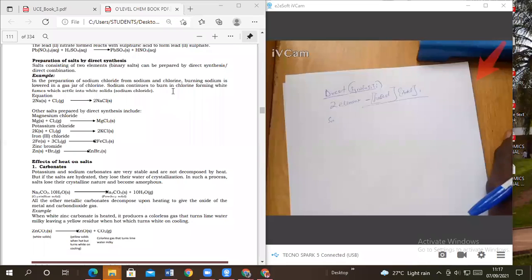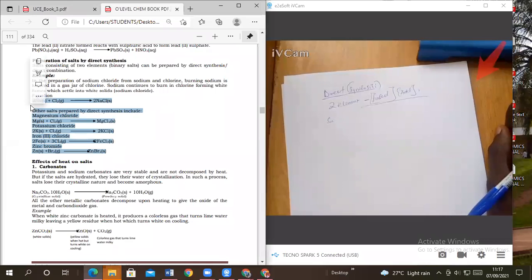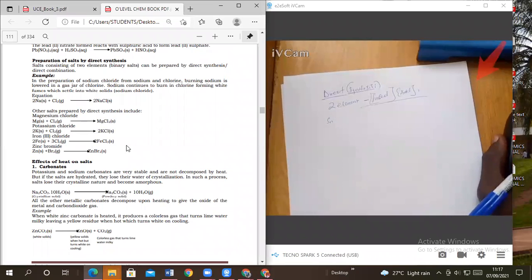Can one use any element of their own choice? As long as it is in this category, you don't need to struggle. An example, they will ask you, how do you prepare iron 3 chloride? Maybe they will put 3 marks. You don't need to look for the hardest way of getting it.